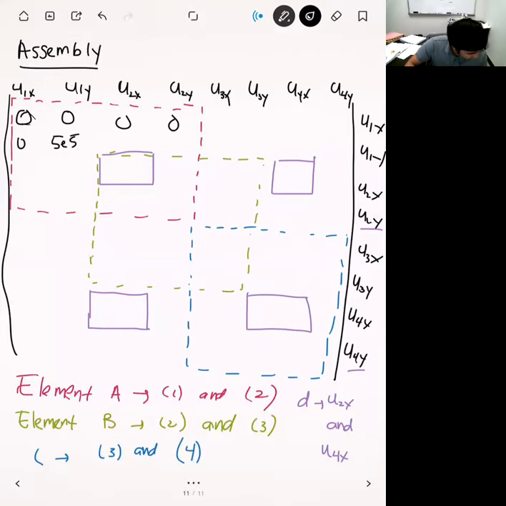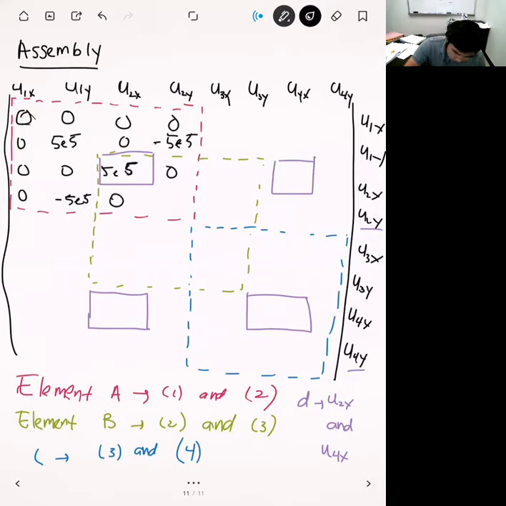Okay. And so we have 5E5, 0, minus 5E5. Okay. 0, 0. 0, minus 5E5. Okay. So this would be 5E5. Okay. So this only has contributions from the spring.